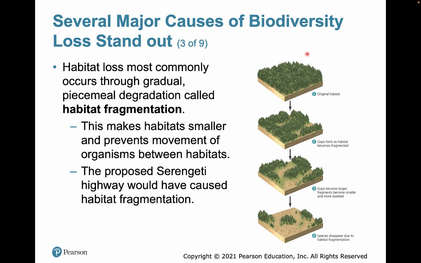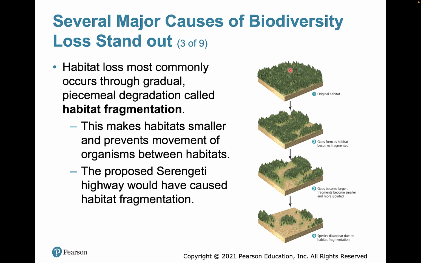So you've got this big, huge swath of habitat. And then you take a little bit out here for a housing development and a little bit out here for a mall. And here is a bigger housing development, okay? So what you wind up with are small chunks of old habitat like islands among a sea of development, okay?